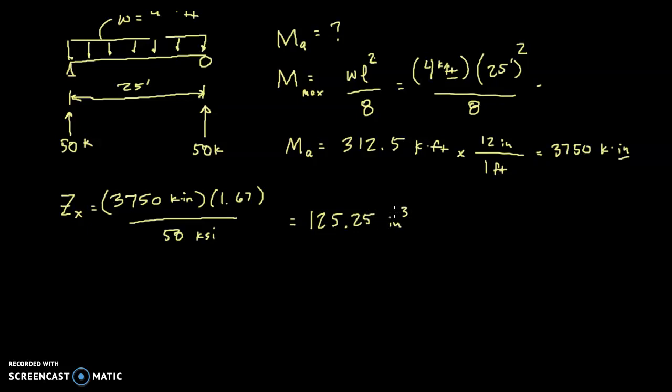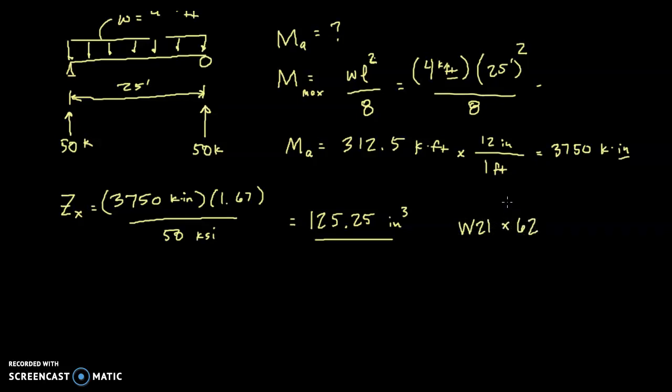So I'm going to have to refer to Appendix I and look for a wide flange section that will give me a plastic section modulus at least this big. If I go to that part of the appendix, it looks like my best option is a W21 by 62.